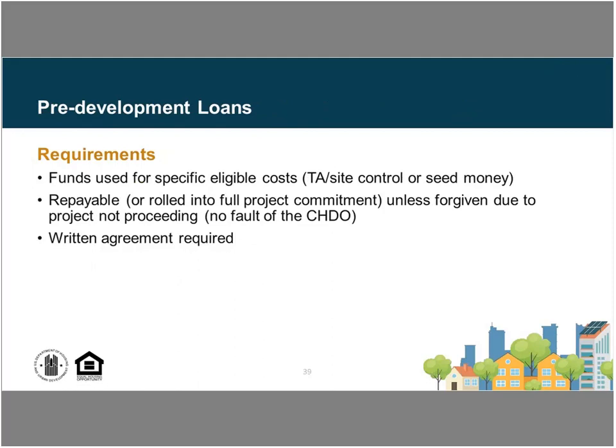What we've been talking about was support for the CHDO itself, for their operating costs, and we talked about it not being project specific. Here is where we also have an option to support the CHDOs specifically for costs that are related to putting together an eligible project.